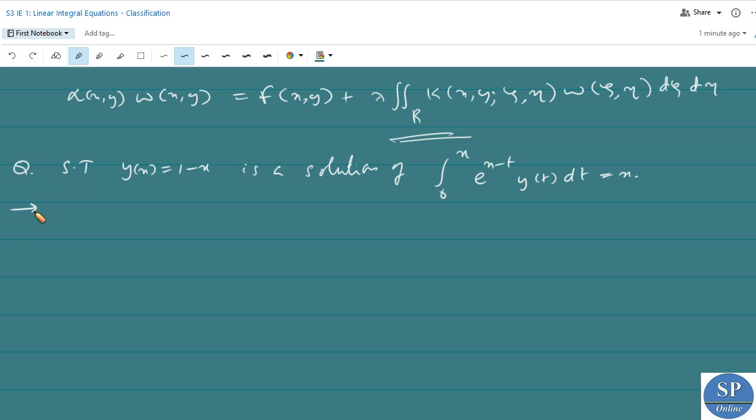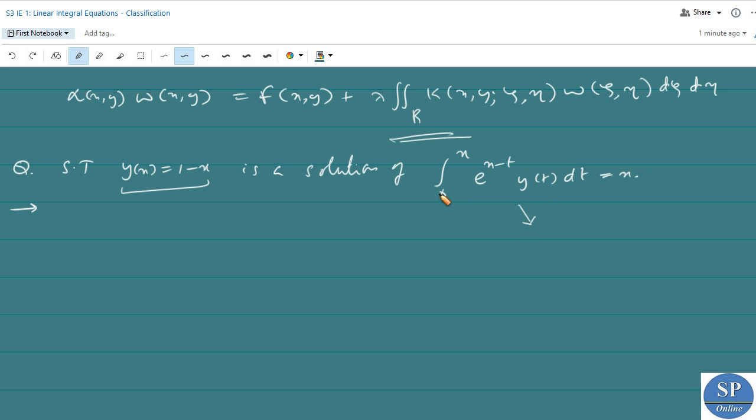So the question is to show that this function 1 minus x is the solution of this integral equation. Before that, we just try to classify this integral equation. Which type of equation is this?